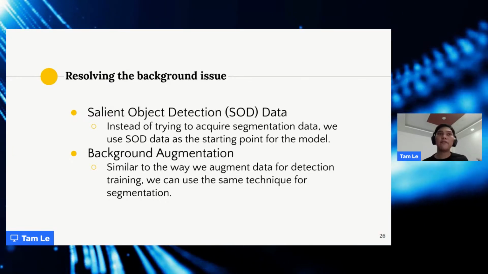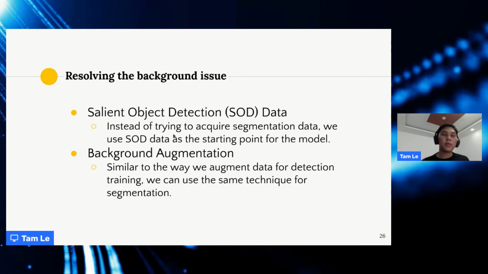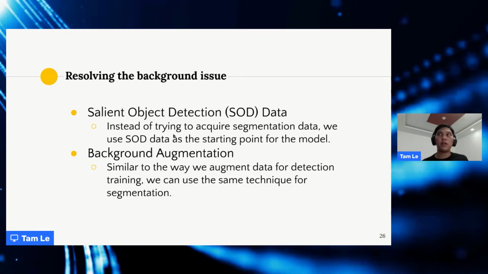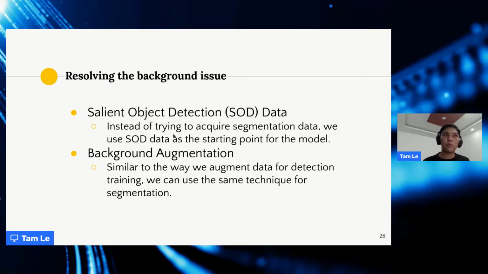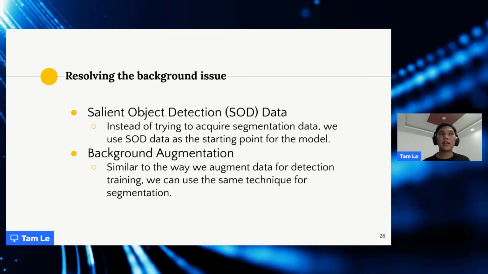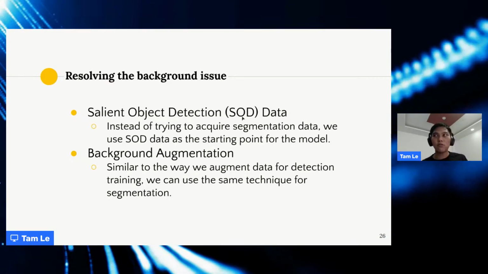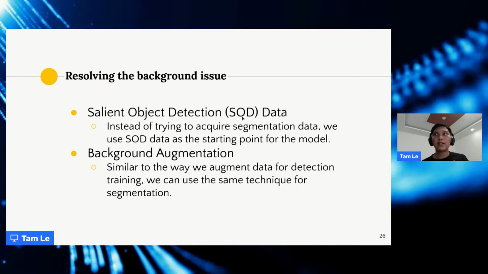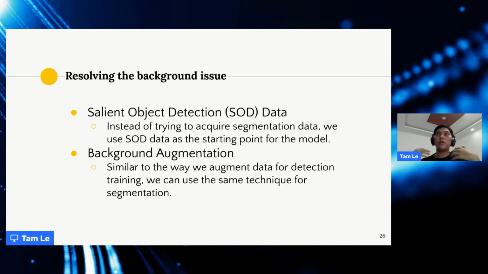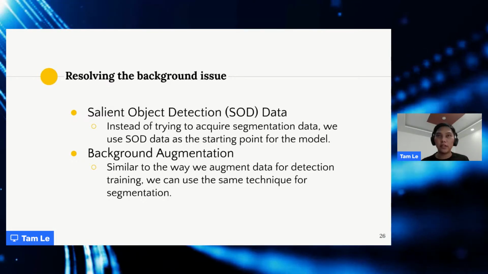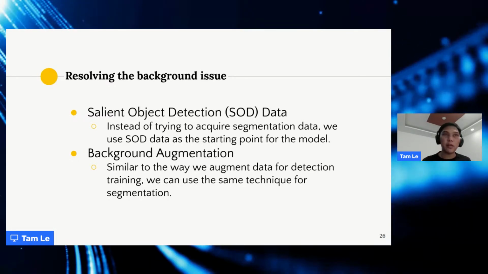The second thing I found very helpful, even though it's not directly related to our problem, is that we use some salient object detection data. This data labels the most visually attractive object in an image.